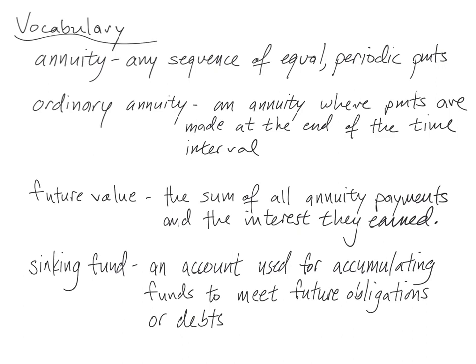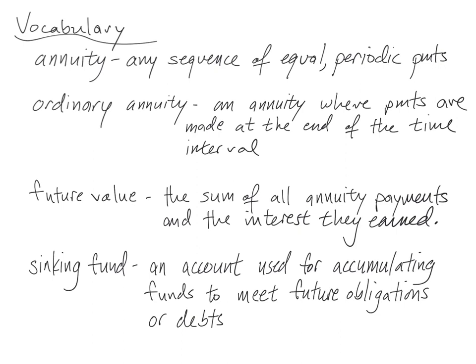If you get paid, I don't know, $3,000 every 2 weeks, and that's your salary, and you cannot work overtime, you cannot earn any extra money, then you know for sure you're going to be getting $3,000 every 2 weeks, over and over again. And that's what an annuity is.